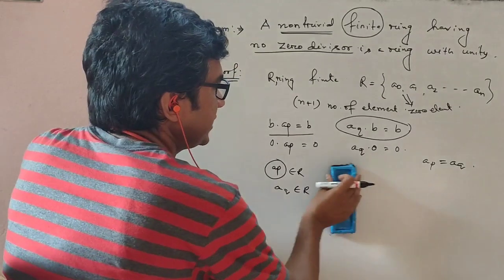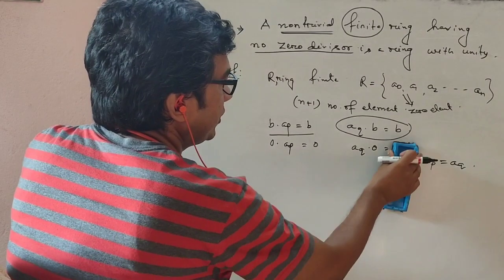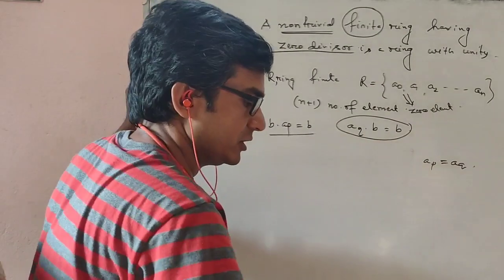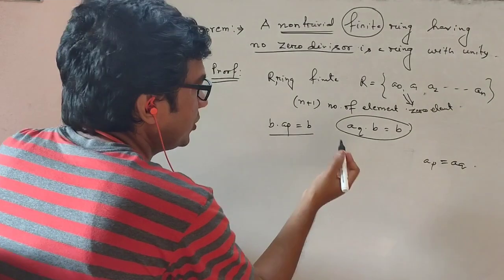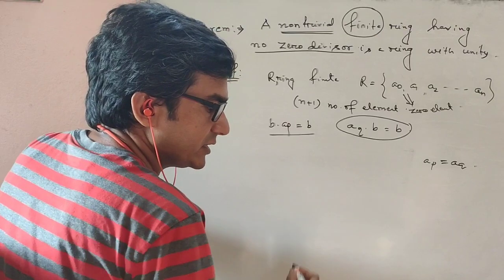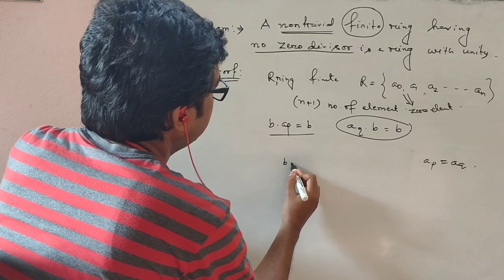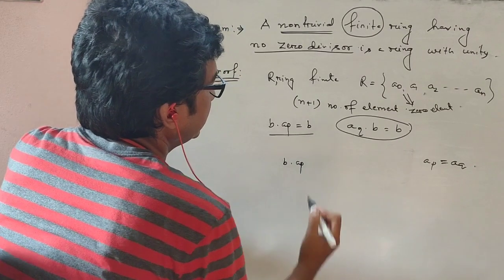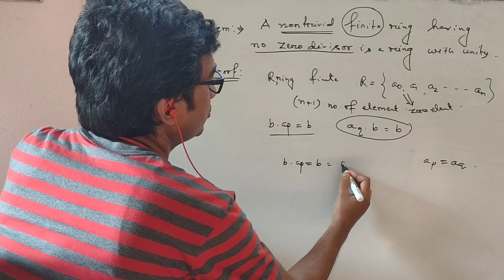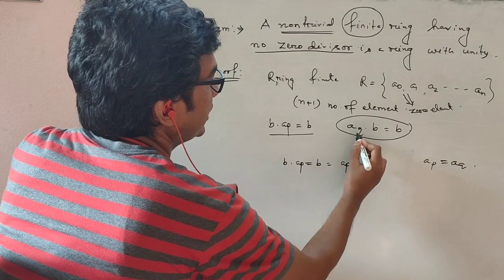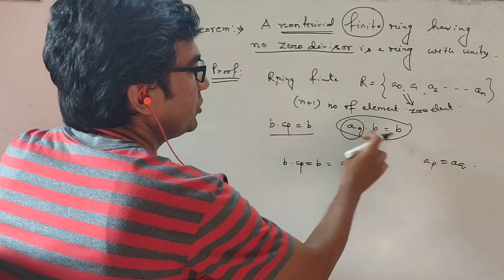And since AP equals AQ, we say that B·AP equals B equals AP·B, and AQ equals AP.